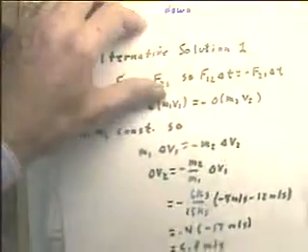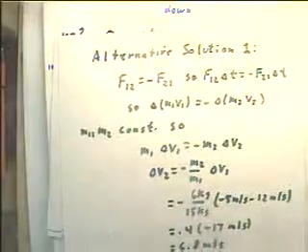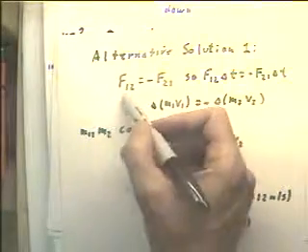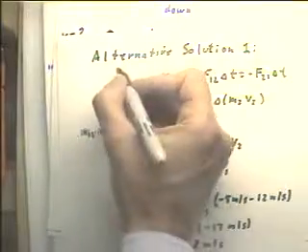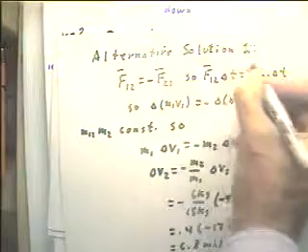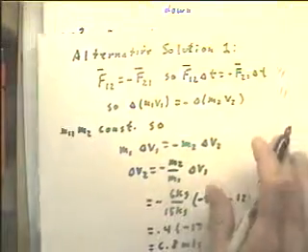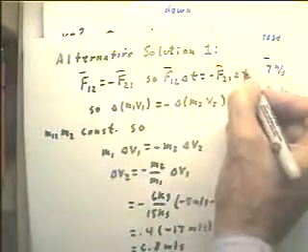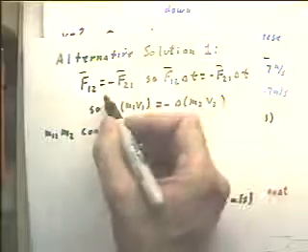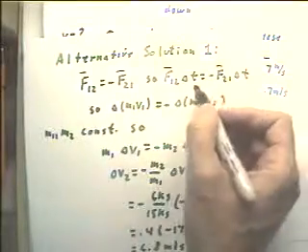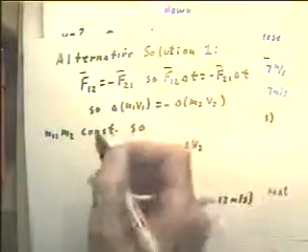An alternative solution is to note that the forces are again equal and opposite, and we'll do the average forces, so that the impulses are equal and opposite, because we get the impulses by simply multiplying the average forces, which are equal and opposite, by the same delta t.